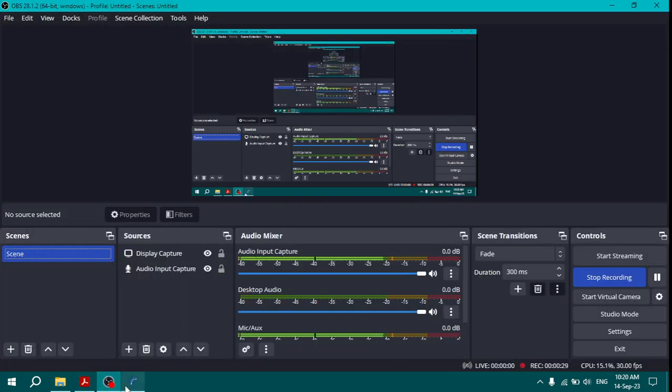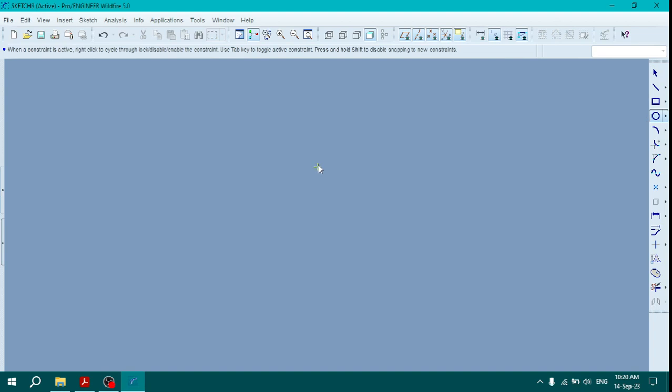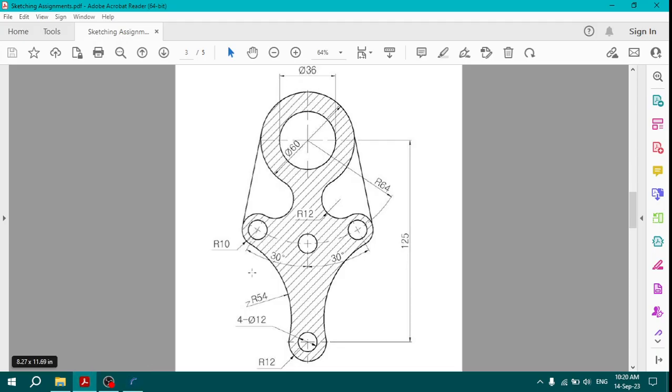We'll draw these circles. Next, we have these 4 circles of which diameter is 12.